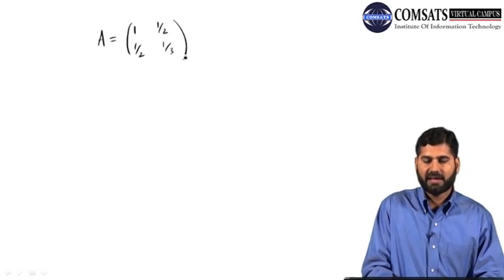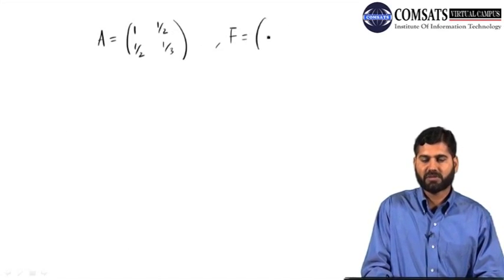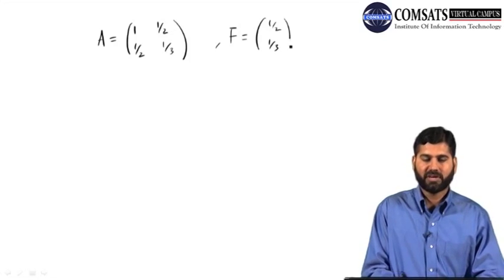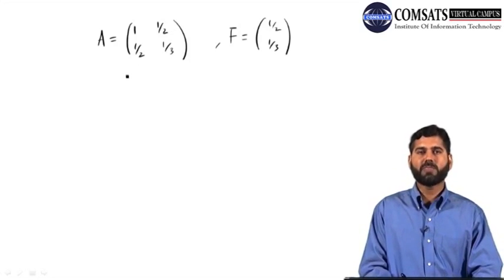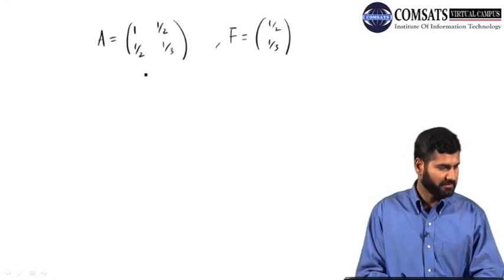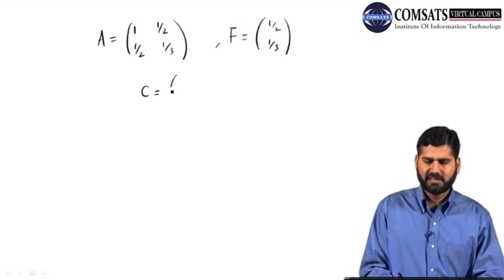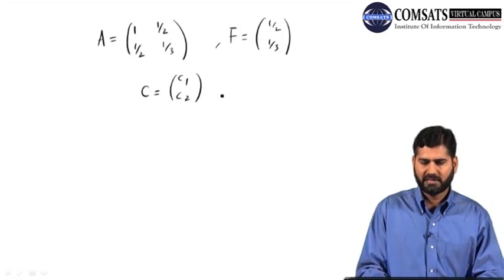And F is the right hand side, which is 1 by 2, 1 by 3. So in this notation, it is I minus lambda A times C equal to F. And of course, C is c1, c2, and I is 1 0 0 1.